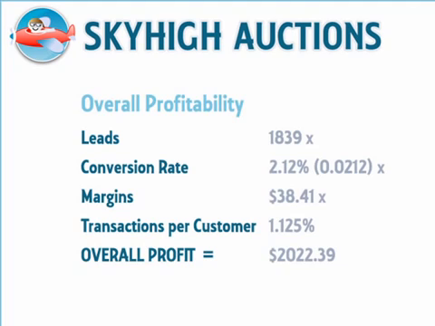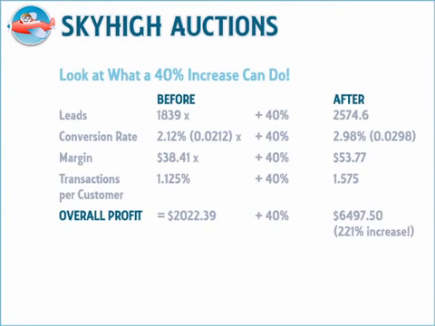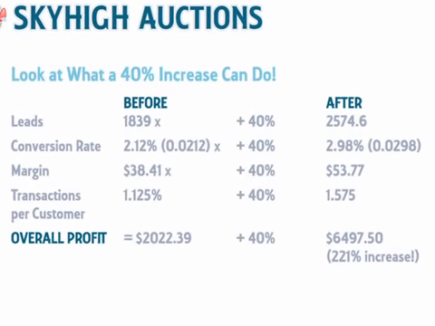For example, if Mr. Brown owns the iPod business in our example, and he increases each of these factors by 40%, here's how much his profit would increase by. Adding 40% onto each gives a new leads figure of 2,574.6, up from 1,839, a new conversion rate of 2.98%, margins of $53.77 per item, and an increase in the average number of transactions per customer to 1.575.